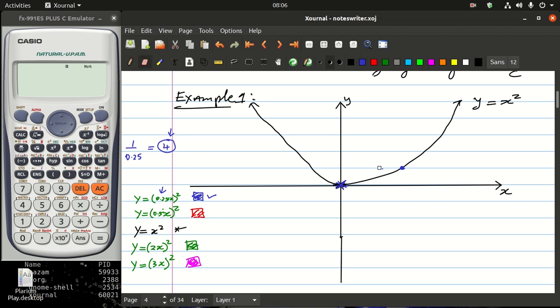If the factor is greater than 1, we are moving to the right. If this point is, let's say, about 1, I would want to move to some point there. Everything along the y-axis is locked, but this point will be pulled to this side.